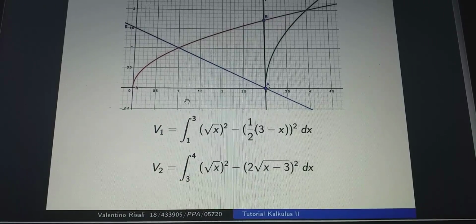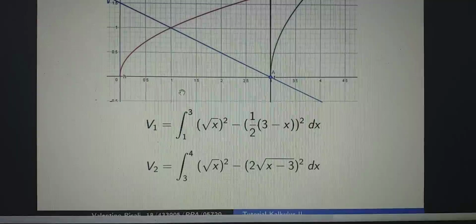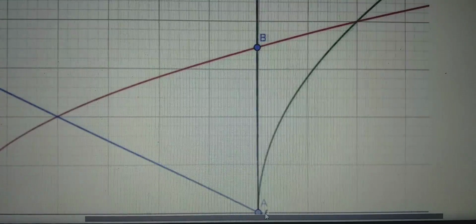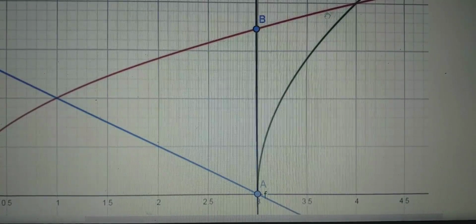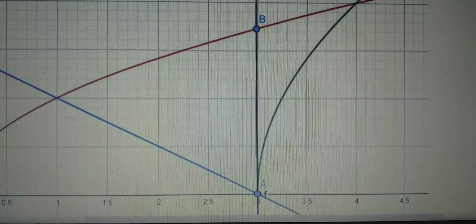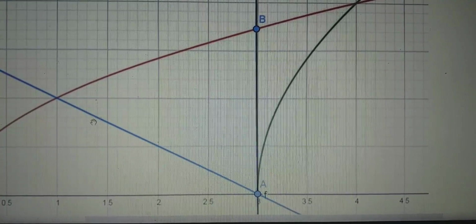The region R is bounded by the green curve, the red curve, and also the blue line.